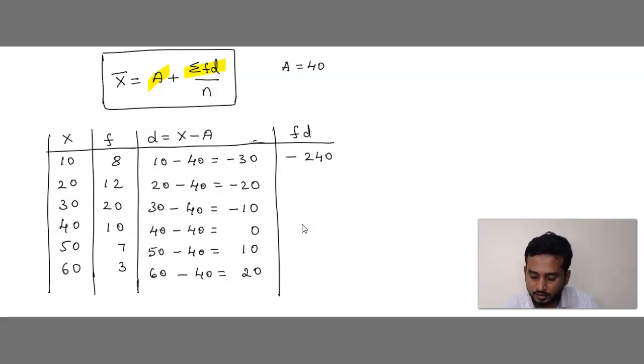Again plus into minus is minus: 12 into 20 is again 240. Got it? Minus 20 into 10 is 200, 10 zeros are 0, 7 tens are 70, next 3 20s are 60. So these all are the values of FD.